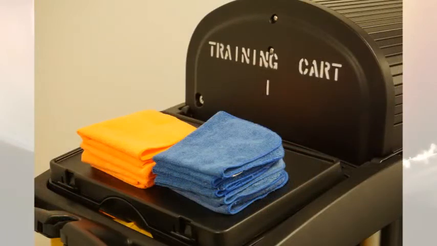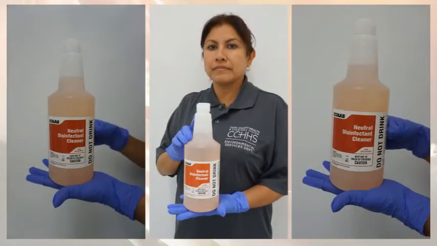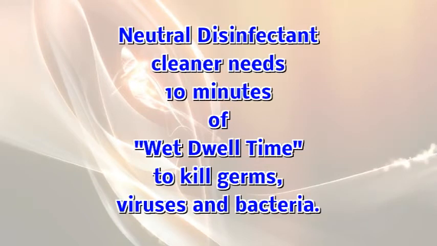Remember, orange for bathroom cleaning only, blue for room cleaning only. Remember, on all bathroom surfaces, it is very important to apply the neutral disinfectant cleaner and allow the full 10-minute wet dwell time for the disinfectant to fully kill germs, viruses, and microorganisms.